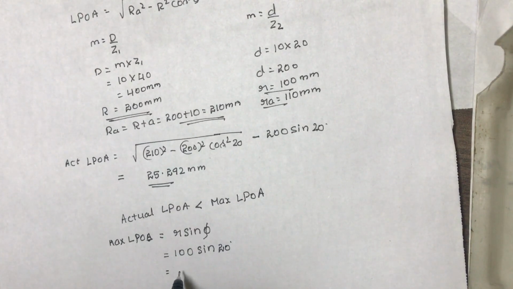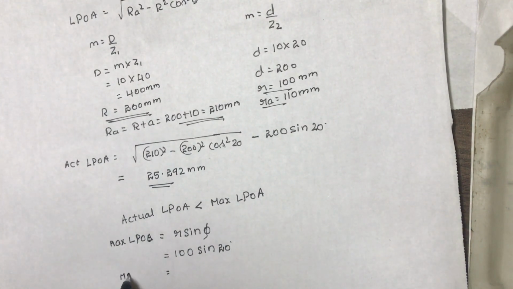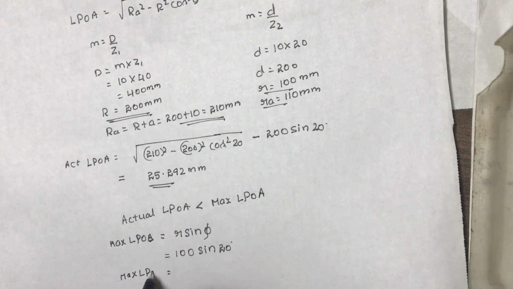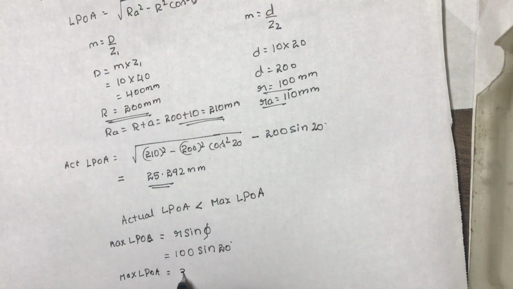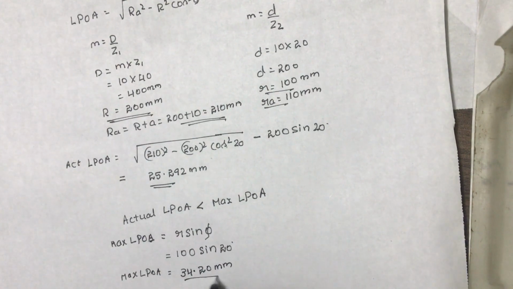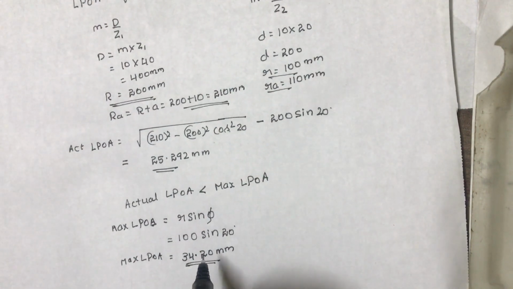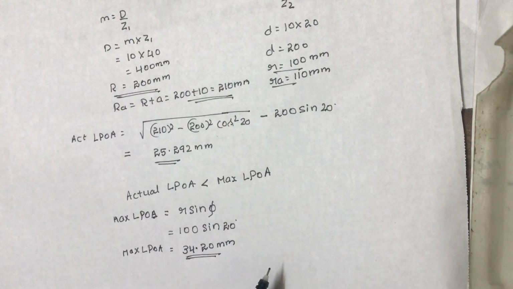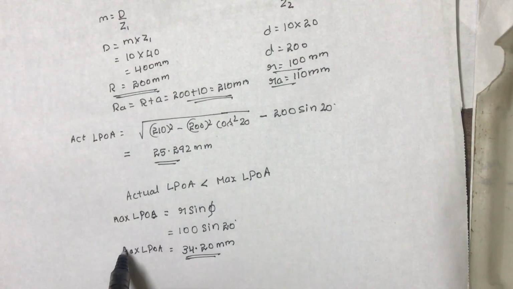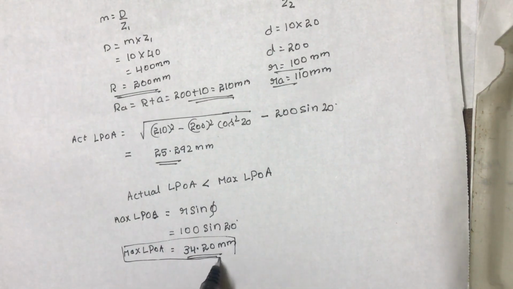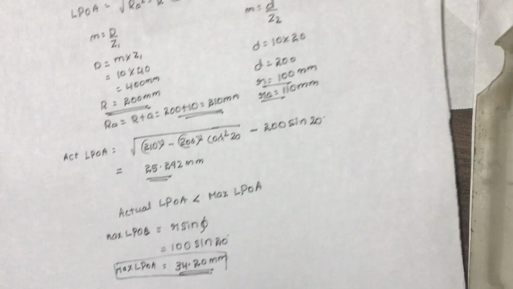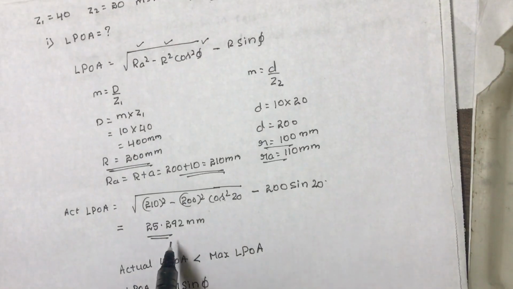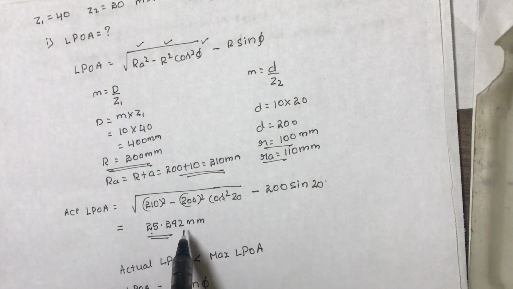So if you simplify, you will get maximum length of path of approach is equal to 34.20. Okay, this is maximum length of path of approach. So it should be greater than that of actual length of path of approach. Actual length of path of approach is 25.292.